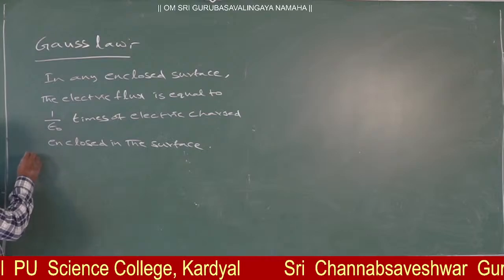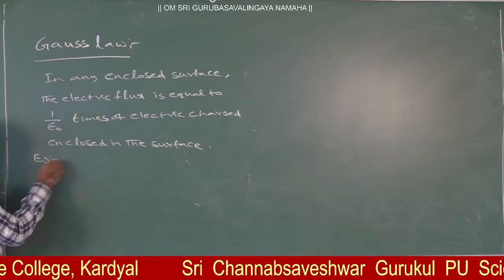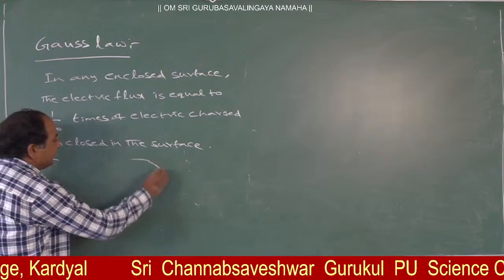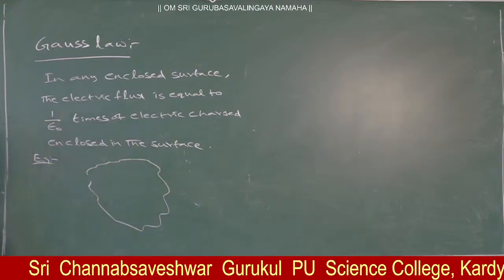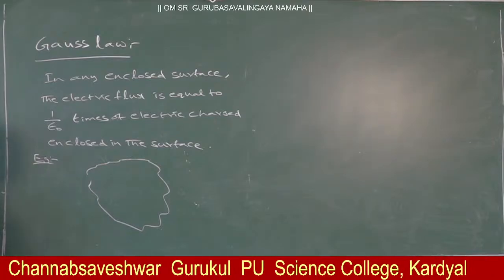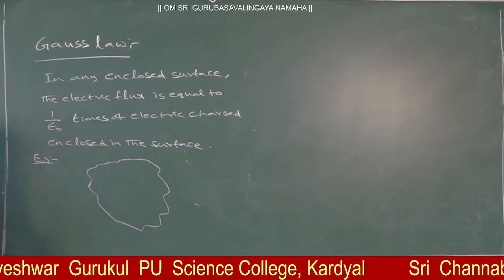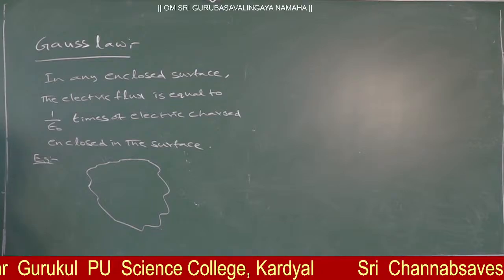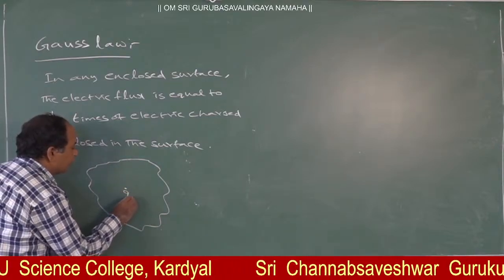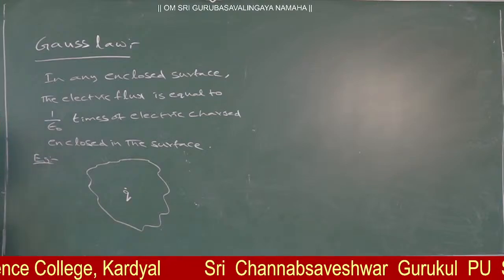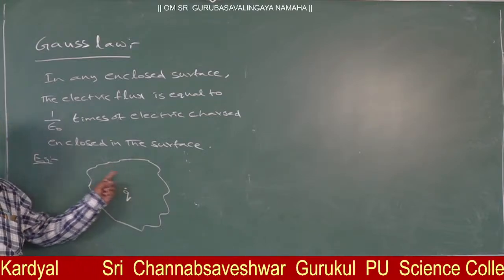Suppose you take one example: let us assume that this is one given surface. This is an enclosed surface, and suppose some Q charge is enclosed, that is, Q charge is within the surface.